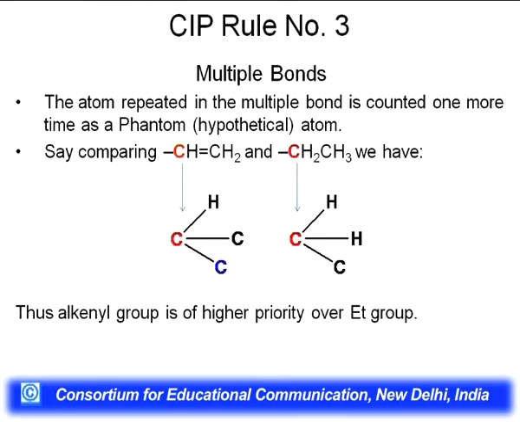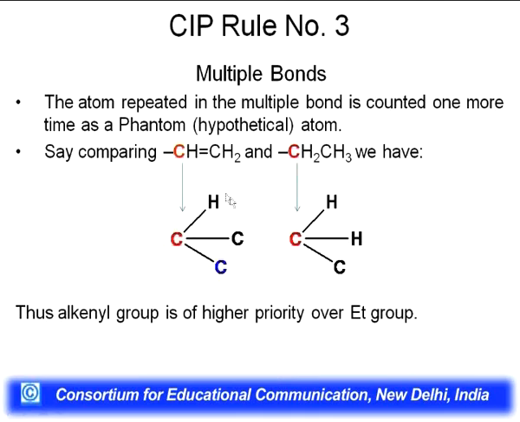Now, what is happening? This is H, C and C, and this is H, H and C. We can clearly see that when we cancel out the hydrogens, this one has 2 carbons and this one has only 1 carbon. So 1 hydrogen and hydrogen get cancelled, the black carbon gets cancelled, and we are left with the hypothetical phantom carbon with hydrogen.